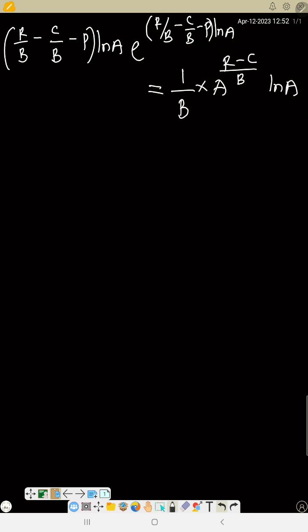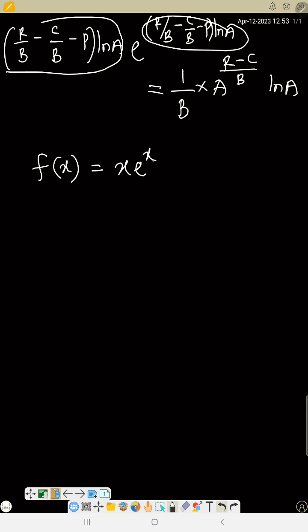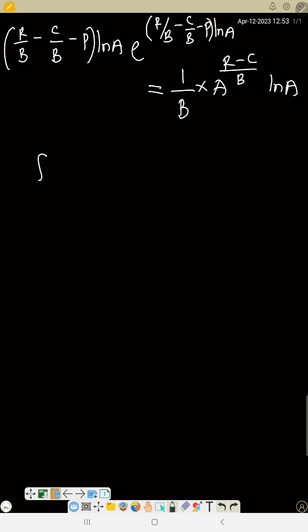Now I've achieved the definition of Lambert here, because f of s equals s e raised to power s. So if you look at what we have here, this ln a is the same thing as this. So that means I can change it to a function of this.